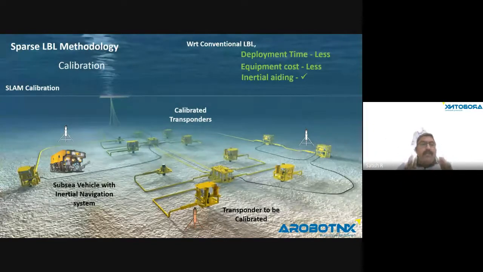But here we are going to talk about extending the transponder. The advantage here is you can carry out everything with the help of a calculation called SLAM. What is SLAM? SLAM is simultaneous localization and mapping. You have a powerful INS with you, and you are taking 2 solid references, 1 and 2.